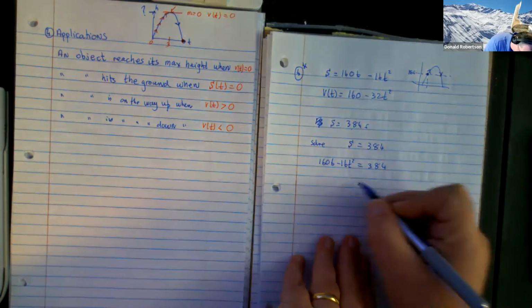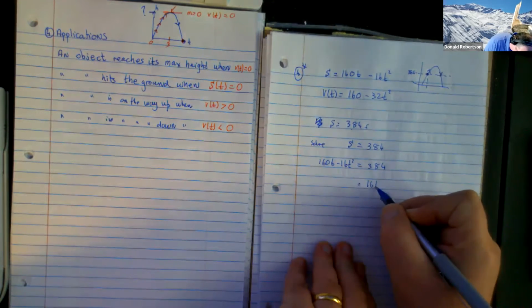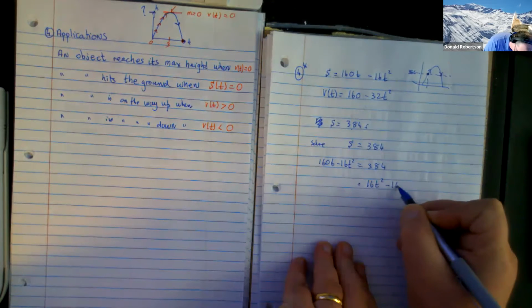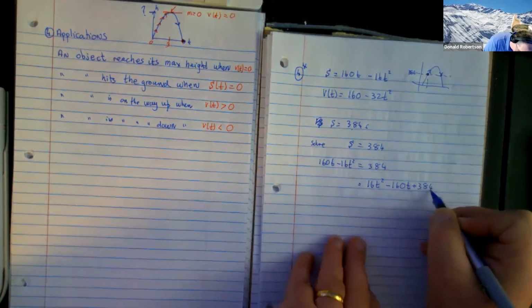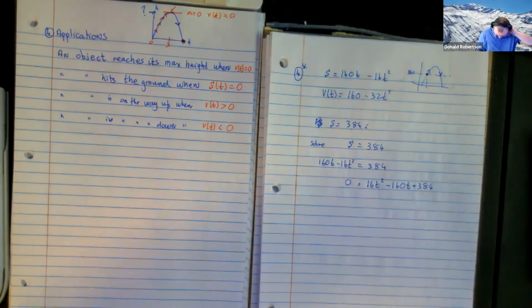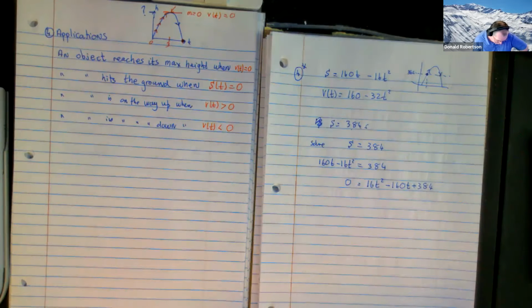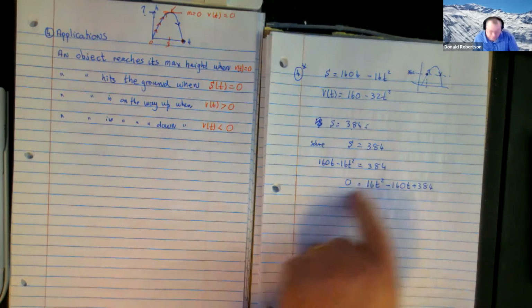And if you add 16t squared, take away 160t from both sides, you end up with that. Now you could, I'm sure it's possible, but I wouldn't want to do it. Couldn't you factor that?